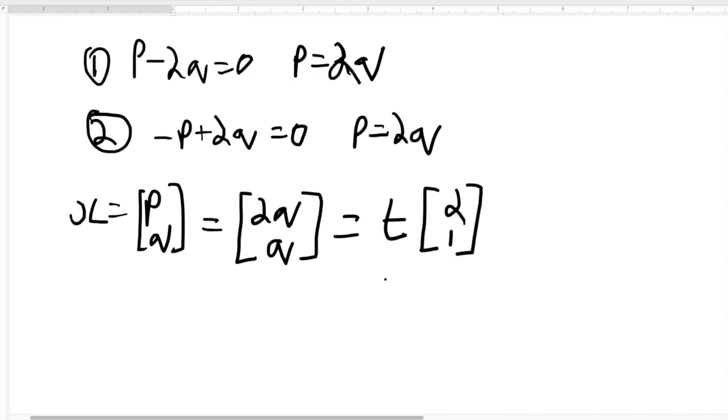Because Q is just a real number, we can say that the vector x is of the form T multiplied by the vector (2, 1), where T is part of the real numbers. And that's it. That is the null space of the equation. Some of you may be thinking, what's the point in finding the null space?